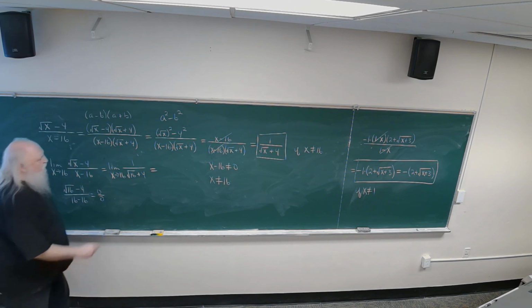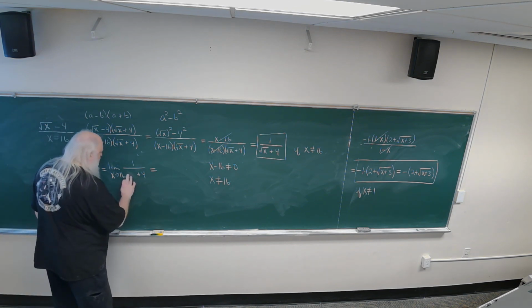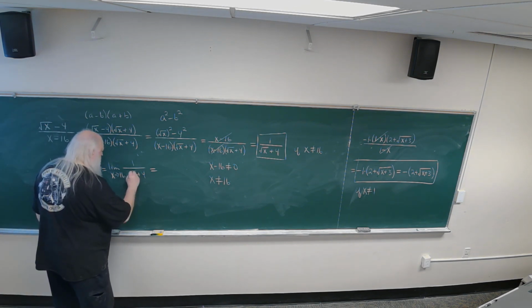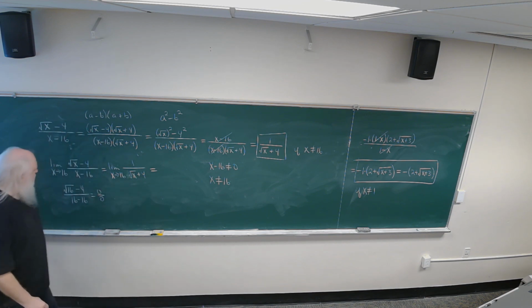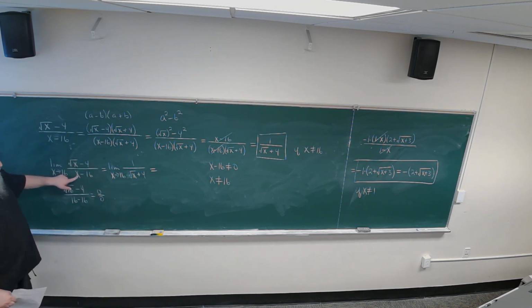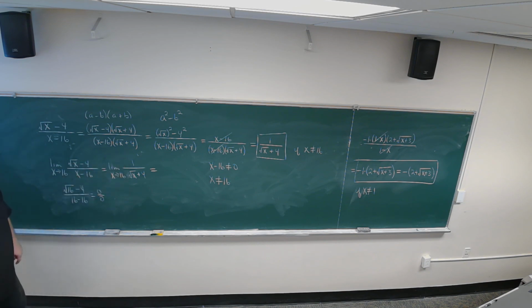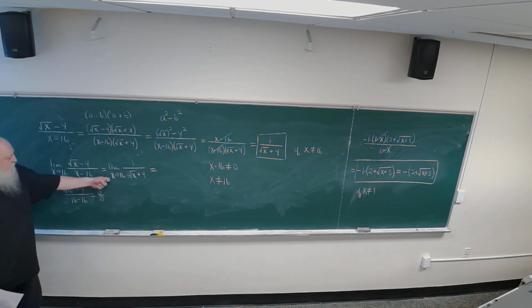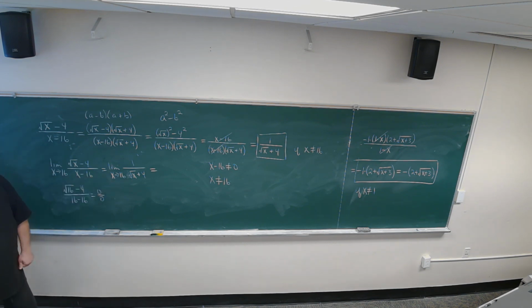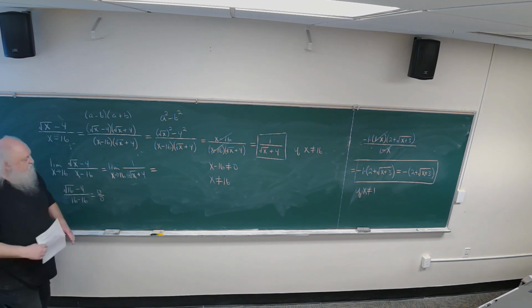Oops. I'm getting ahead of myself. 1 over square root of x plus 4. Okay. So this quotient simplifies to 1 over square root of x plus 4 as long as x doesn't equal 16, but in the limit, x never equals 16. Okay. And now we can do the direct substitution.